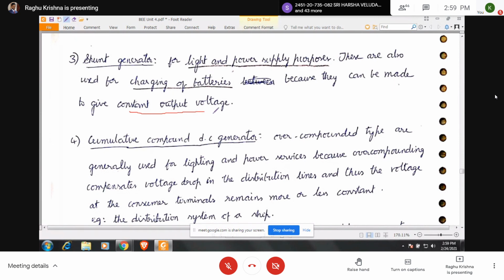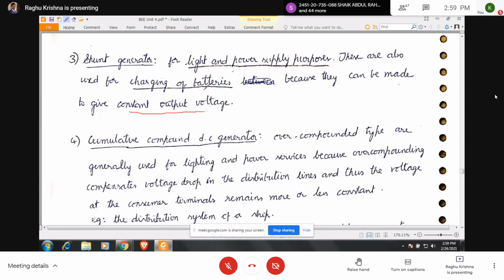It is used for light and power supply purposes. These are also used for charging batteries. Batteries require a DC voltage. In any charger, there is a transformer which converts the high voltage to low voltage.